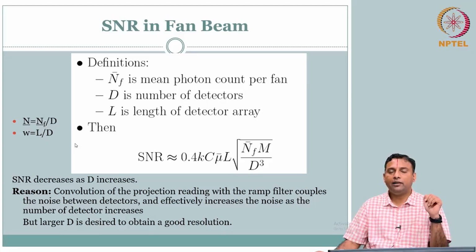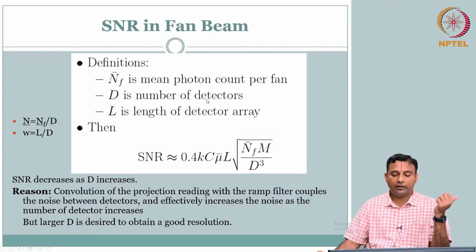You would expect that the variance would have reduced, and therefore your signal to noise ratio will improve, but that is not happening. It turns out that D is the denominator. So it says that this SNR decreases as D increases.